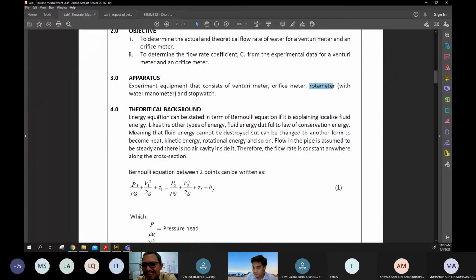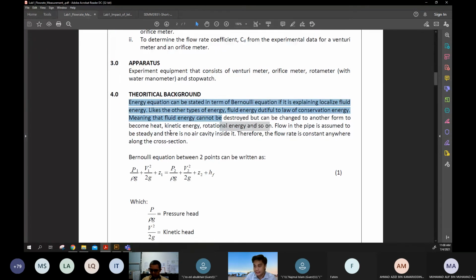So this is the theoretical background. This is the explanation of the Bernoulli equation, where energy cannot be created or destroyed, it can only be transferred. We use the Bernoulli equation a lot because it considers different kinds of energy in the flow.